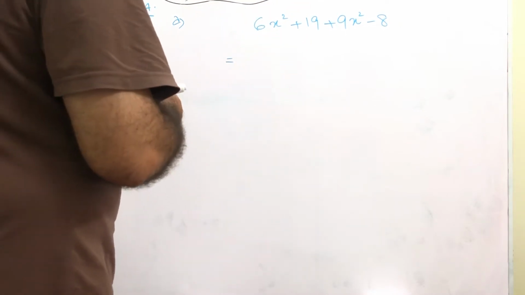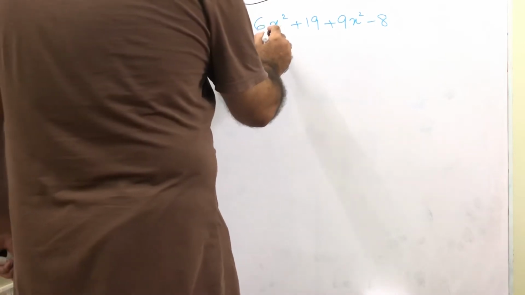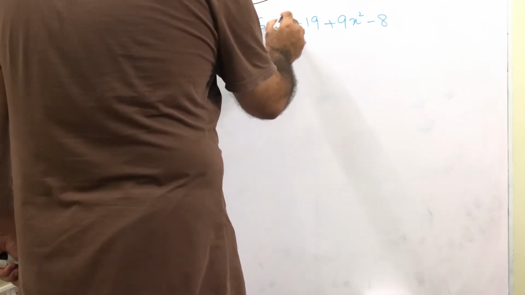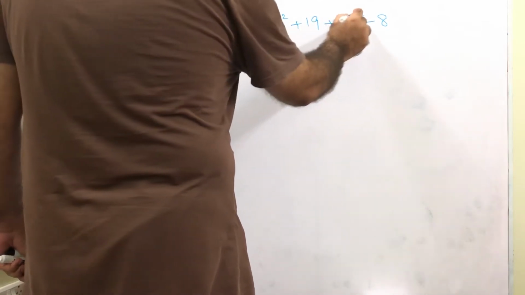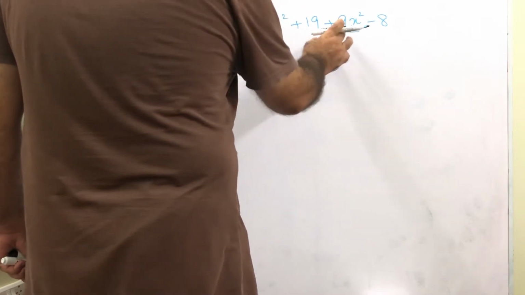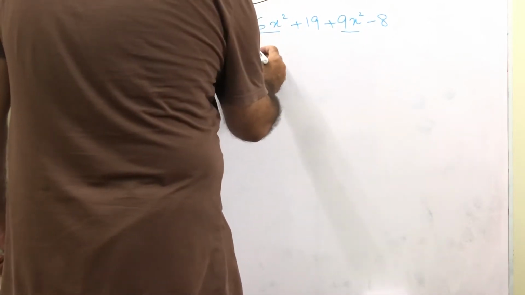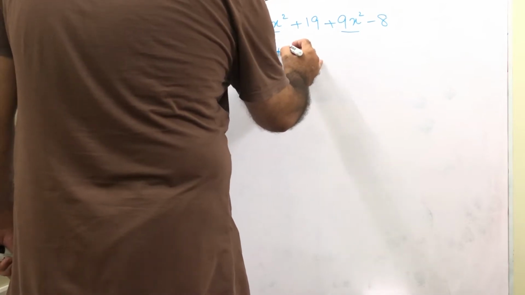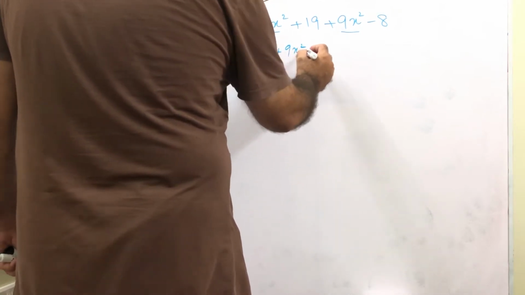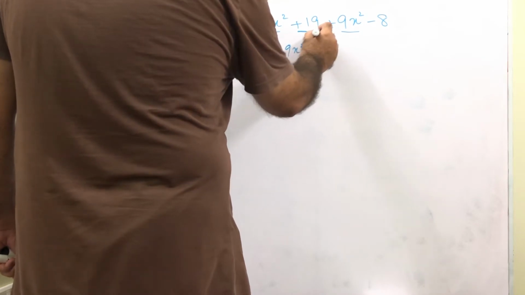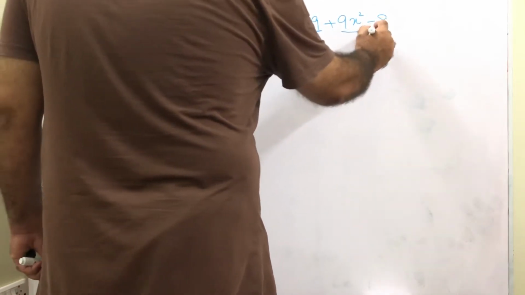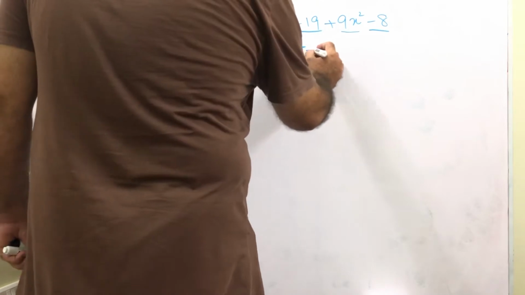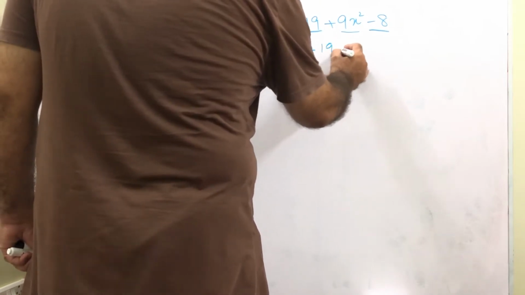The first thing is that the variables with the same powers, this is x square, this is x square, we will bring these together, 6x square plus 9x square. Then this is without any variable and this is without any variable. We'll bring these together, plus 19 minus 8.